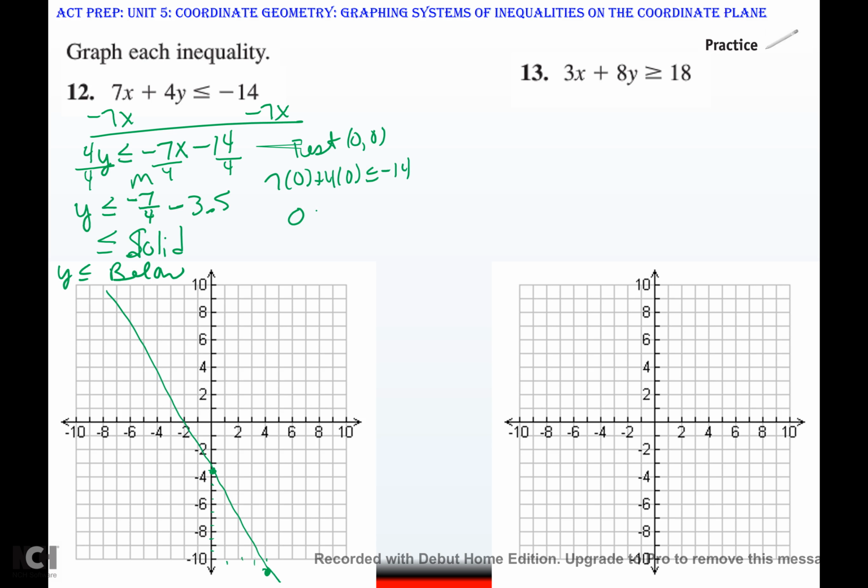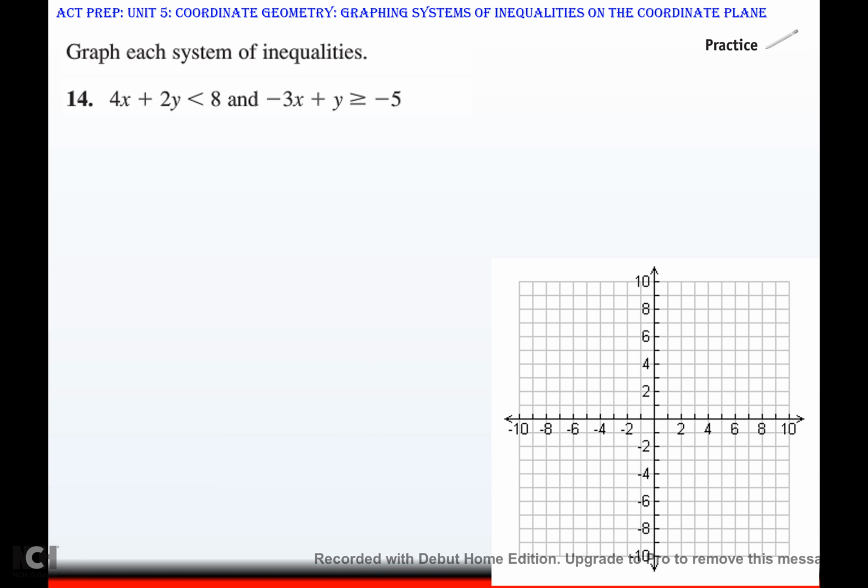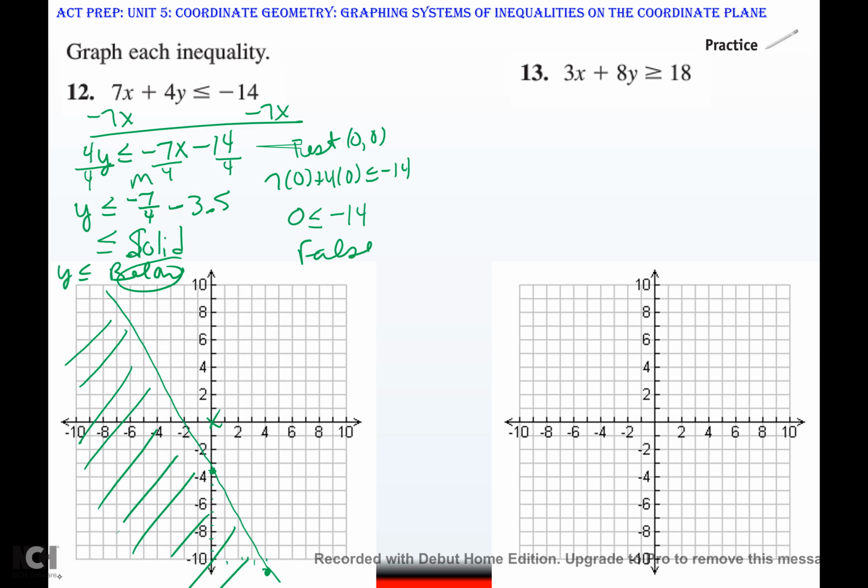Is 0 less than or equal to a negative? No. So that's false. So 0, 0 is there. I shouldn't shade there. I should shade on the other side, which is below like I thought. Oops, sorry.